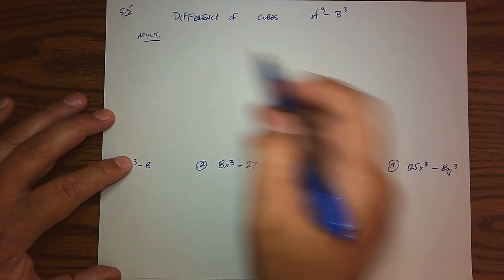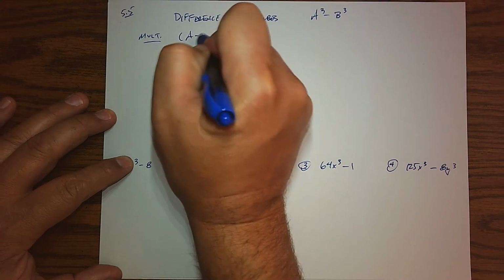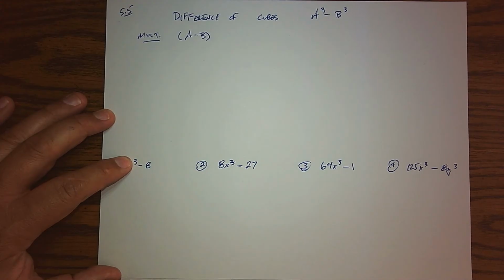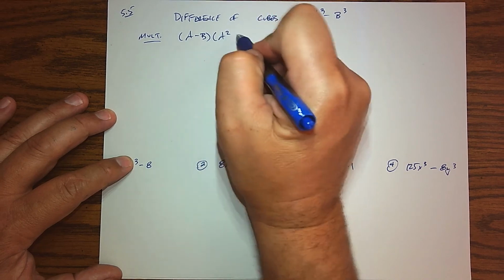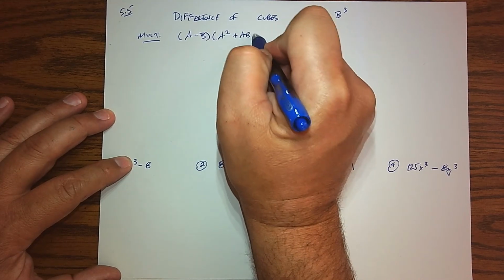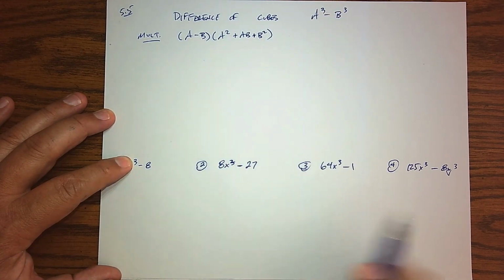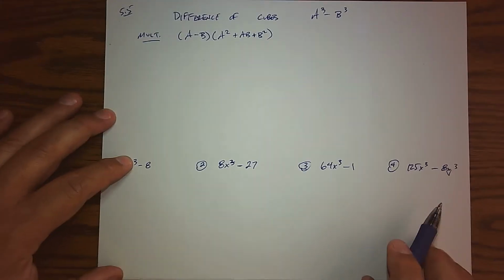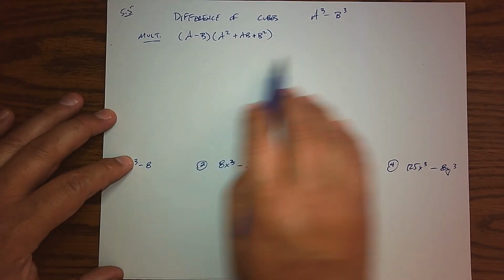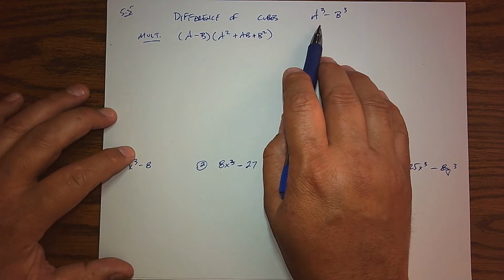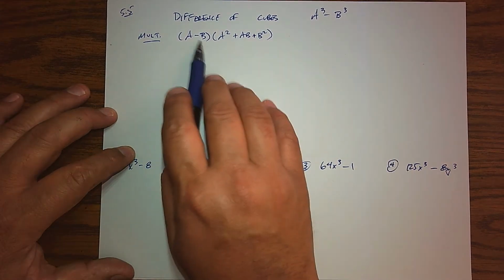It turns out that if I take a binomial, a minus b, and multiply it by a trinomial, a squared plus ab plus b squared, this product creates the difference of cubes pattern.